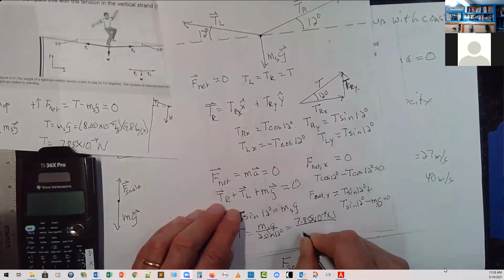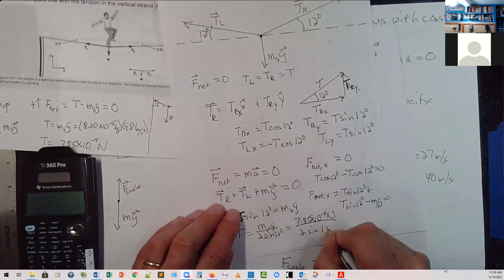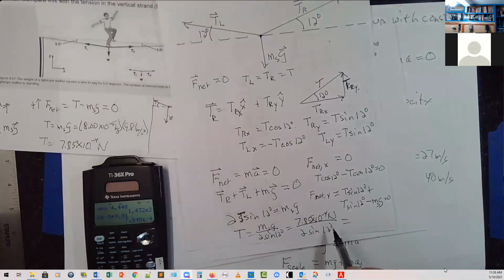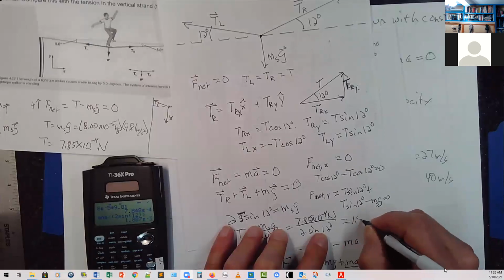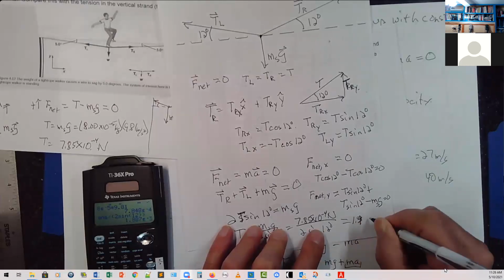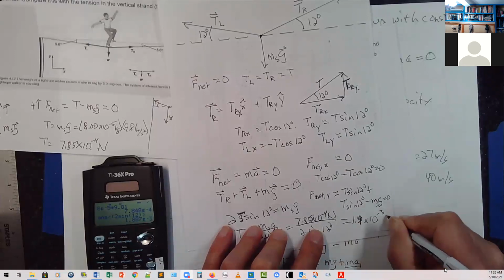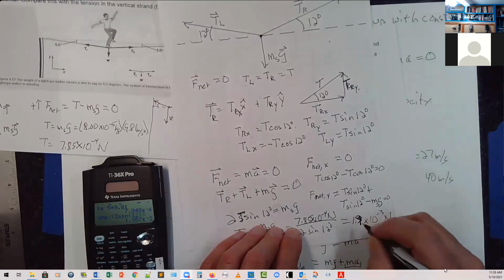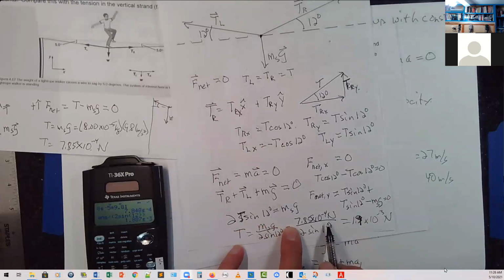If I divide by 2 times the sine of 12, remember to wrap this in parentheses when you do it, I've still got that number saved in here, divided by 2 sine of 12, another parenthesis, and I get 1.9 times 10 to the minus 3 newtons, which is quite a bit more than this 7.85 times 10 to the minus 4 newtons.